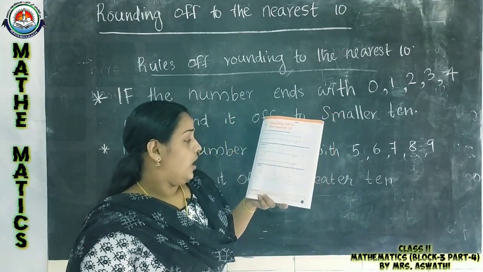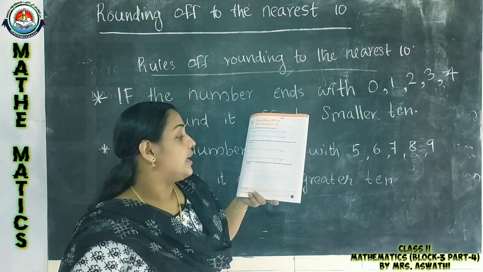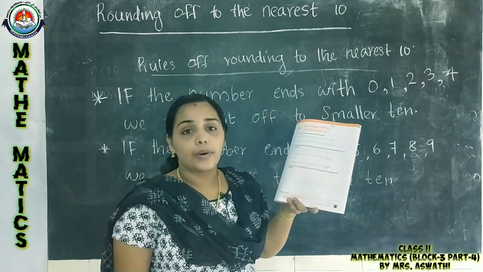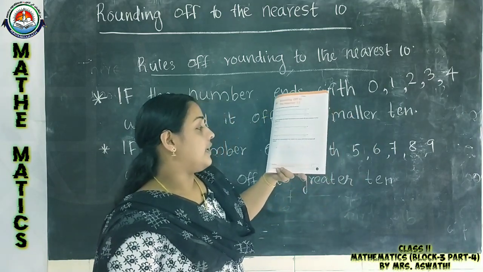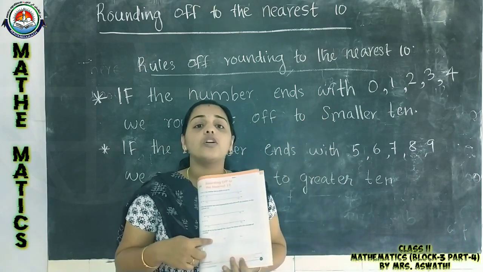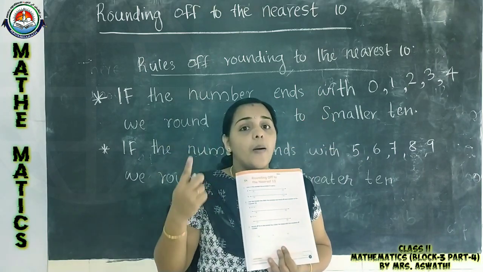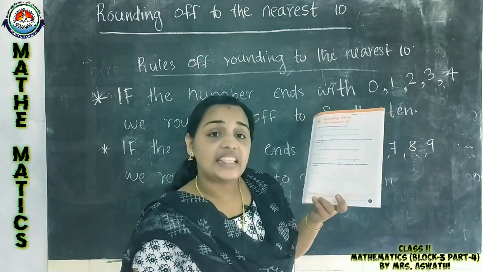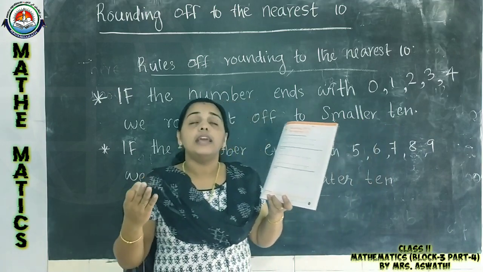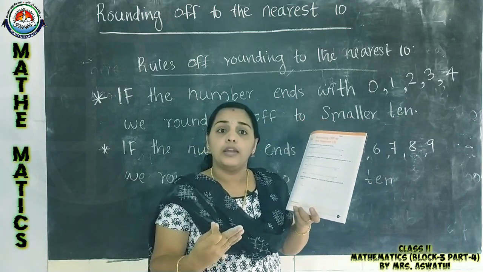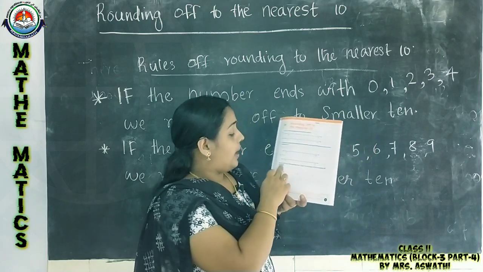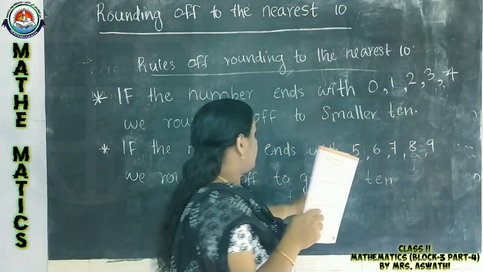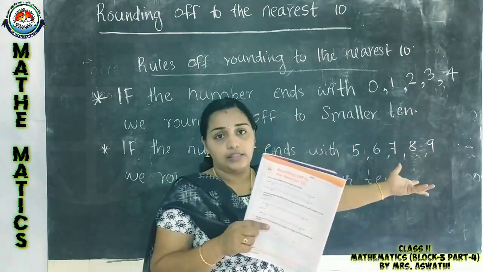Then third question, round off 43 to the nearest 10 and color the shape with the rounded number. This question we can do by visualizing in your mind, not drawing a number line. We can find whether 43 comes before or after the midpoint, or which category 43's last digit falls in.